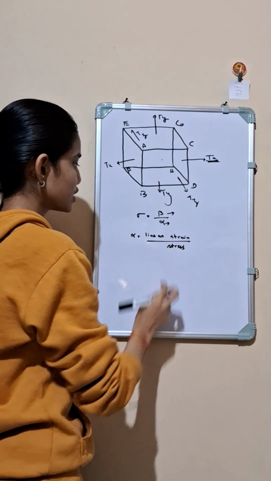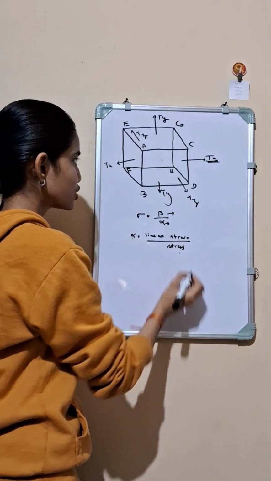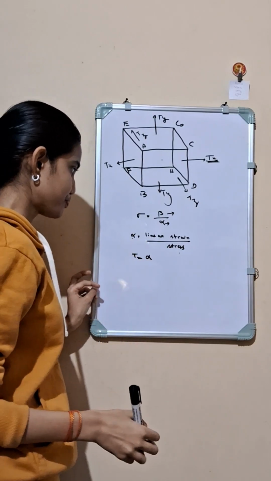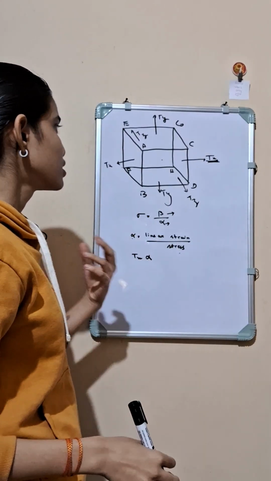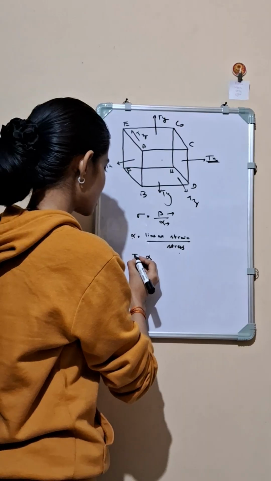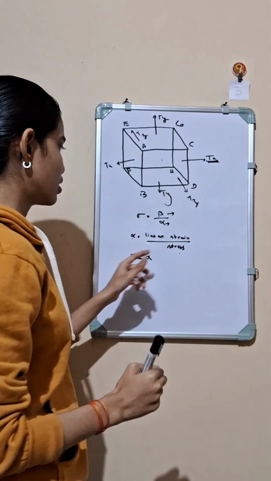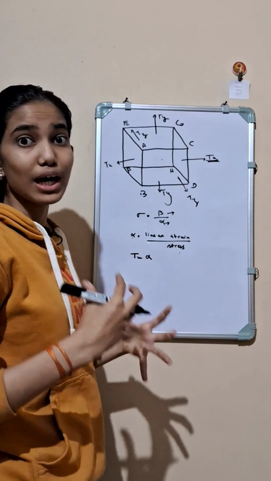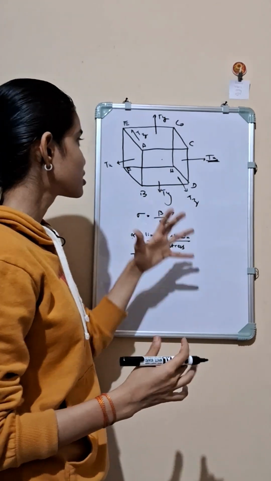So total linear strain will be alpha into stress. Here stress is Tx, so the increase in length is Tx into alpha, but due to Ty and Tz it will have a lateral strain.